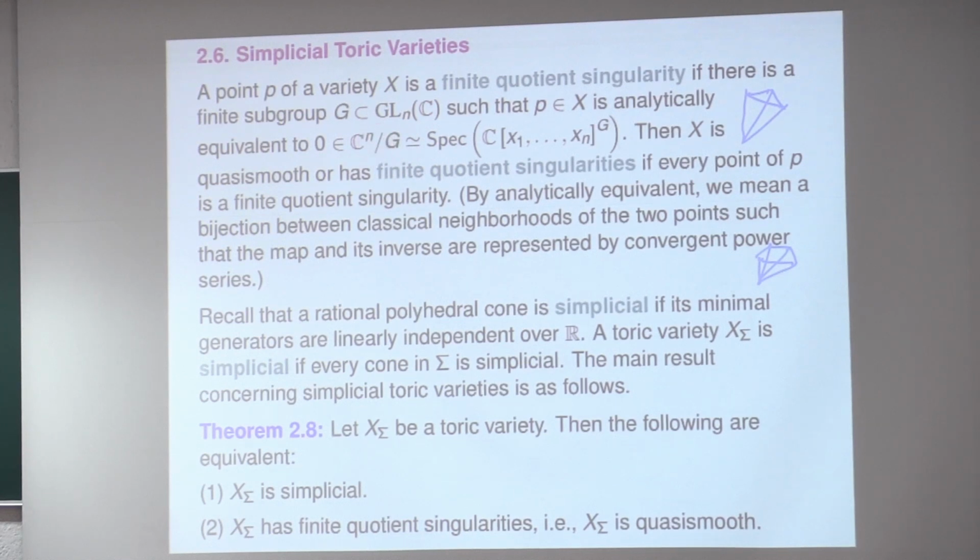Depending on this G, you can take G trivial, so it's non-singular. But if you take other G's, this can be a singular point. If your variety, the point looks like that analytically, you call it a finite quotient singularity, and then the variety is simplicial, meaning your cones are generated by linearly independent rays, if and only if your variety doesn't have bad singularities, just finite quotient singularities. All the singularities are like this, not so bad.